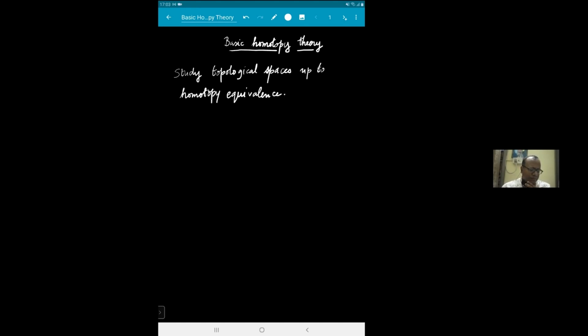So actually, this kind of homotopy theory, just studying topological spaces up to homotopy equivalence, was homotopy theory around 70 years back. But later, you start thinking about topological spaces up to homotopy equivalence, and then you realize that you can define abstract homotopy theory.